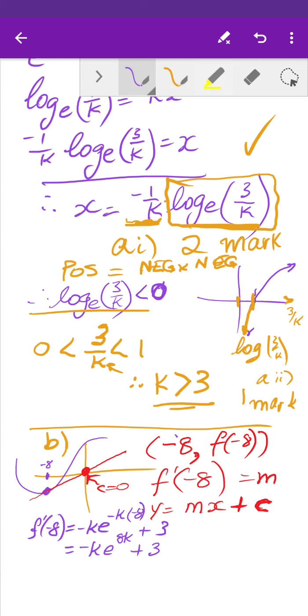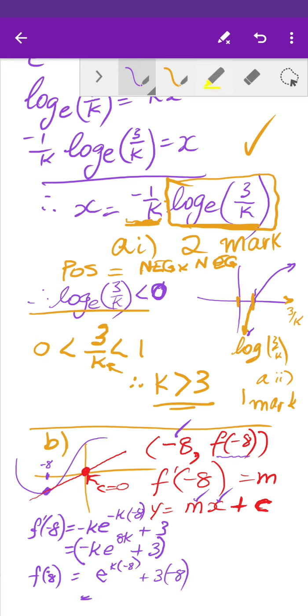Now, we know x is negative 8. We now know the gradient. All we need to know is the function at negative 8. The function at negative 8 is found by substituting negative 8 into the original equation. The original equation was e to the negative kx plus 3x.